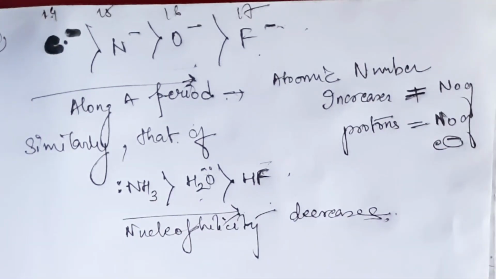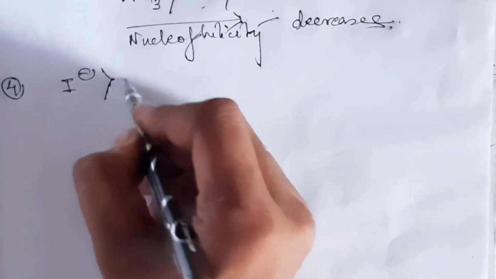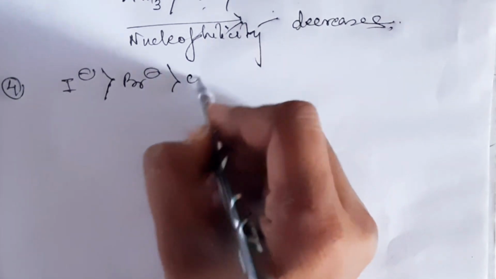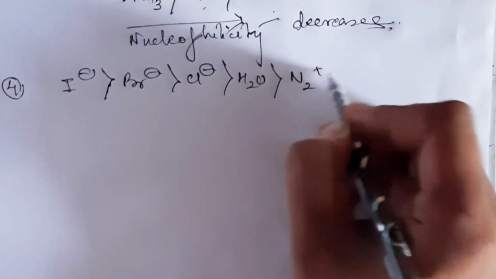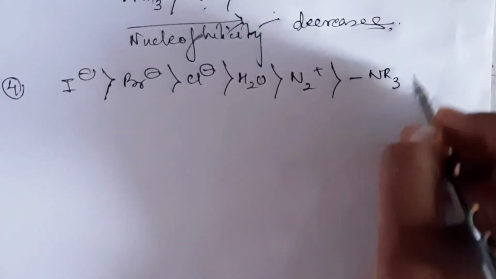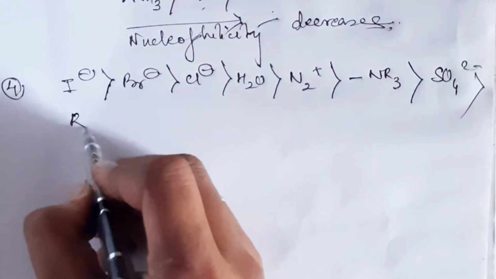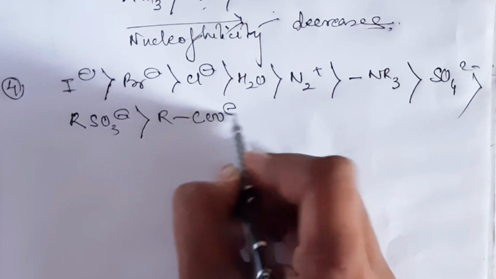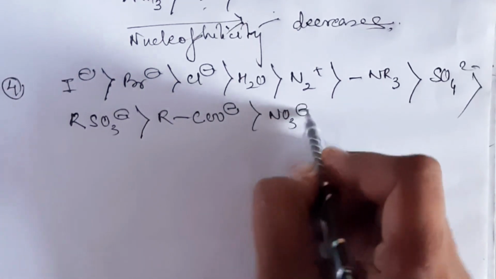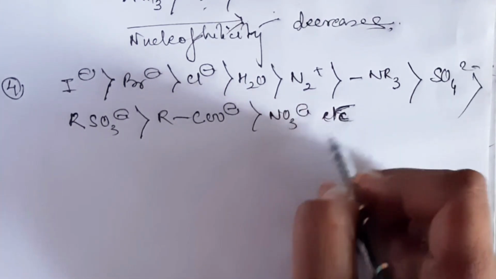Okay, number 4 is that leaving groups are usually I minus, more than Br minus, more than Cl minus, more than H2O, then N2 plus, then NR3, then SO4 2 minus, then RSO3 minus, RCOO minus, NO3 minus, etc. You just remember this, it is a sequence.